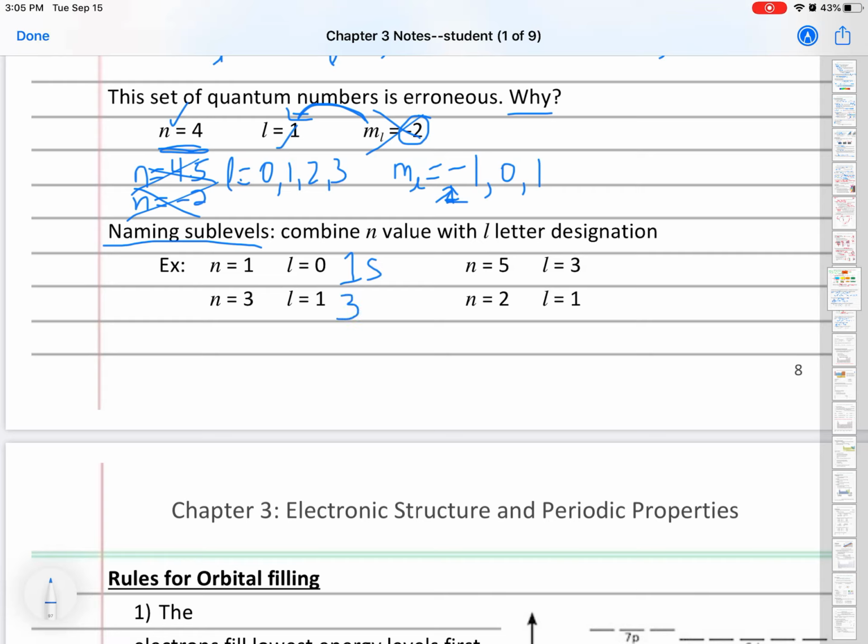An N of 3 and an L of 1 is a P, so that would be the 3p sublevel, or a 3p orbital. Energy level 5 and an L of 3 is the F sublevel, and energy level 2 and an L of 1 represents the P sublevel. So there might be some problems just practicing that.